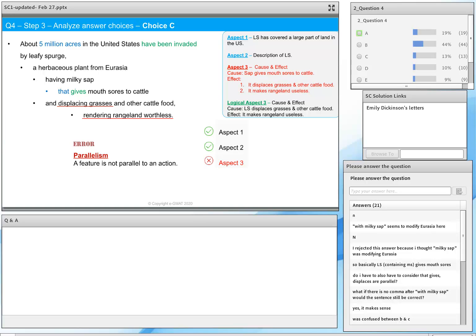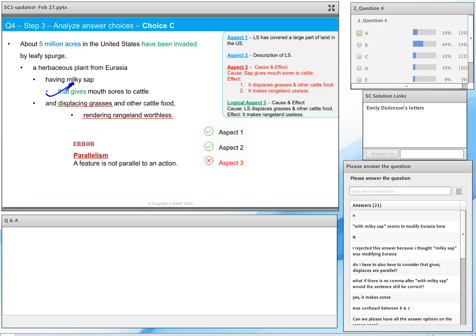500 acres of United States have been invaded by leafy spurge, a herbaceous plant from Eurasia having milky sap that gives mouth sores to cattle. So this part is fine over here, because with no comma before it, that is now associating with milky sap, and we already know that this is fine. Milky sap does give mouth sores.